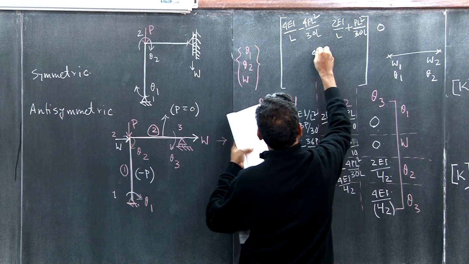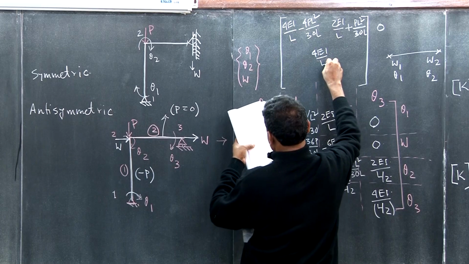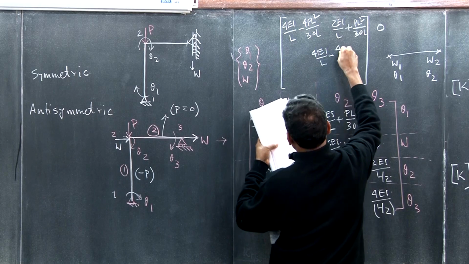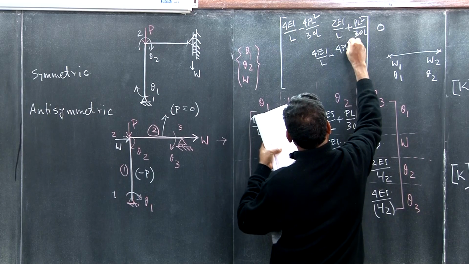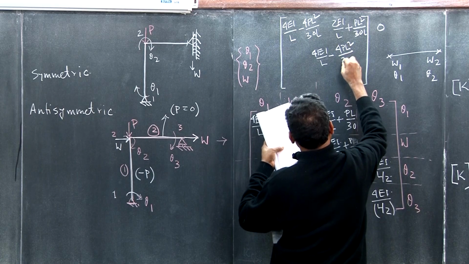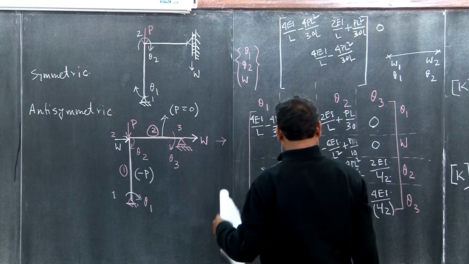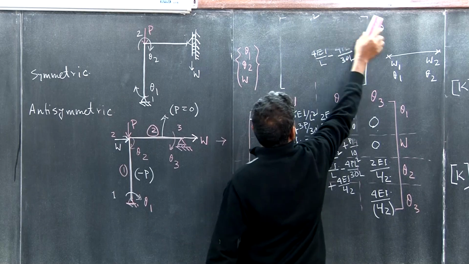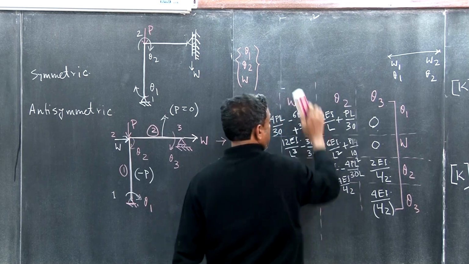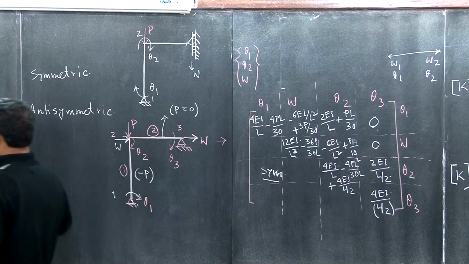So this is 4EI by L minus 4PL square by 30L. I have to write it nicely; here it is too clumsy.